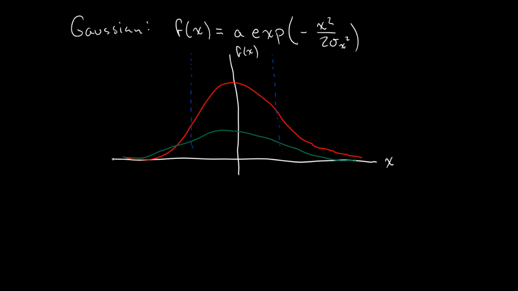So a little bit flatter but fatter. And then if I make sigma x smaller, my function might look something more like this. A bit more narrow, but taller. Okay, so that's what sigma x is. It's the width of this Gaussian or bell curve, whatever you want to call it.